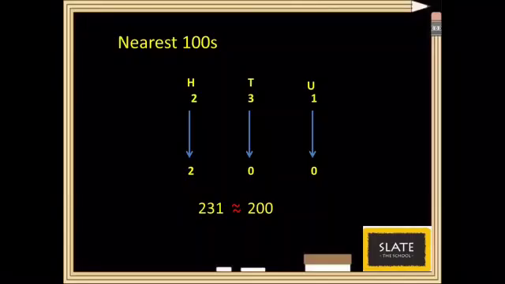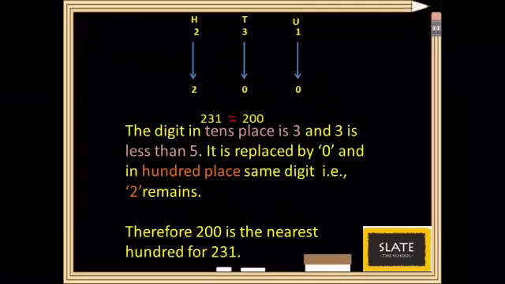Slaters, when we find the nearest tens, we compare the digit in the units place, right? But to find the nearest hundreds, we need to compare the tens place digit, and the digit at the ones place is always replaced by 0.